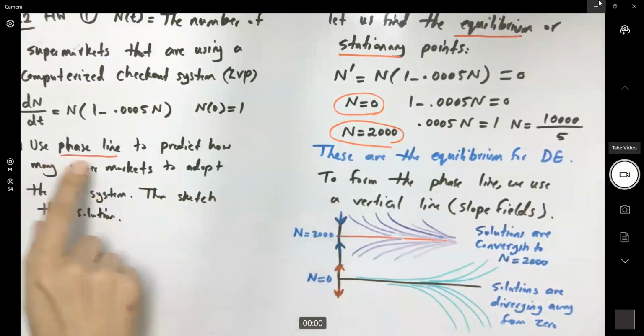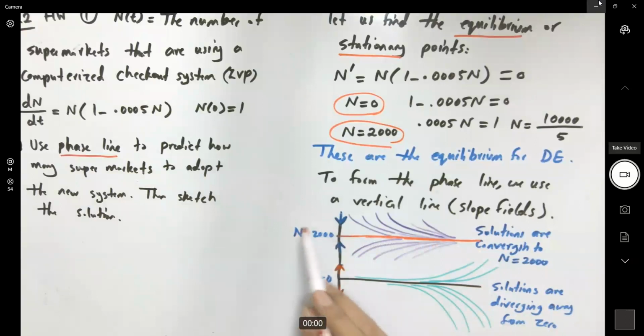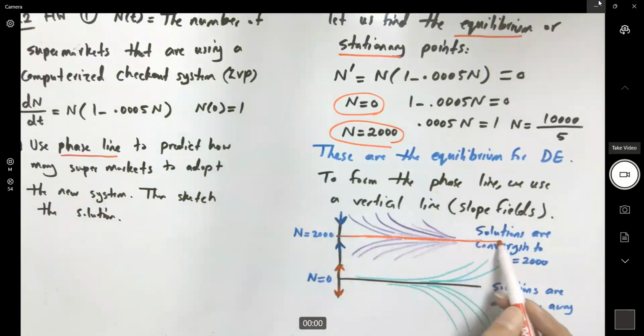So it says use the phase line to predict how many supermarkets will eventually be using this system. So take a look at this. As t goes to infinity, the solutions are diverging away from 0, which means no supermarket, to 2000 supermarkets using this new system, because the solutions are getting closer and closer to this horizontal line, which is n equals 2000.